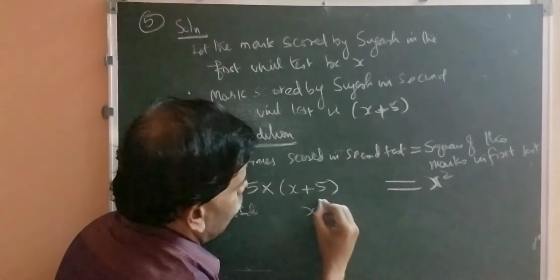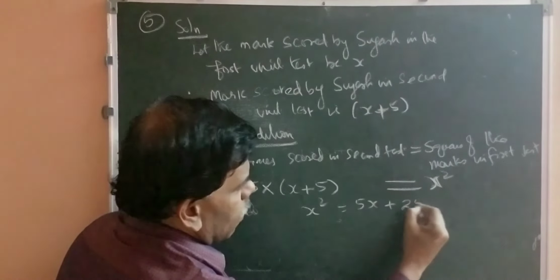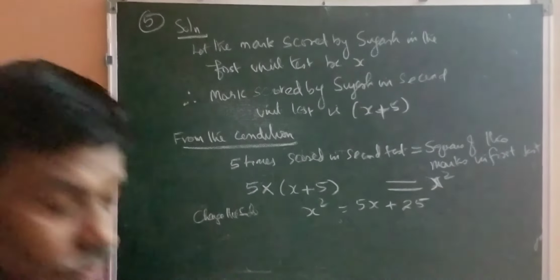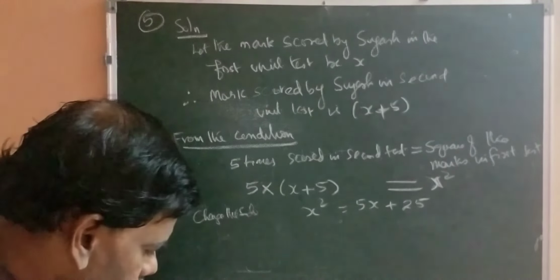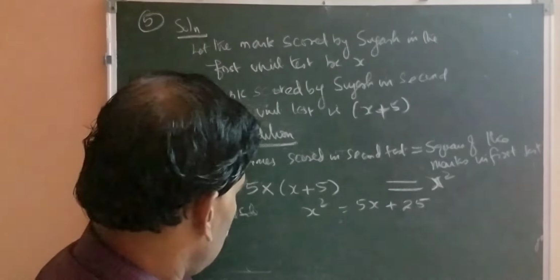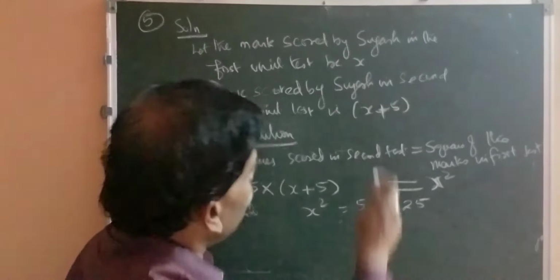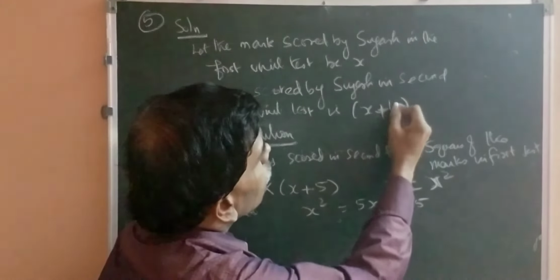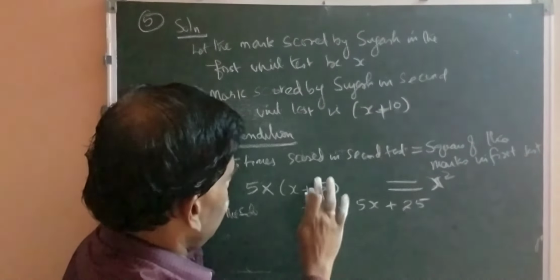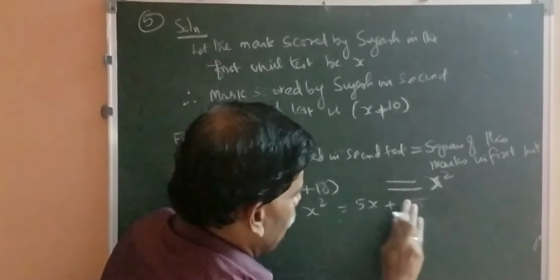x square equal to 5x plus, sorry, here 10. So 10 times 5, it is 50.